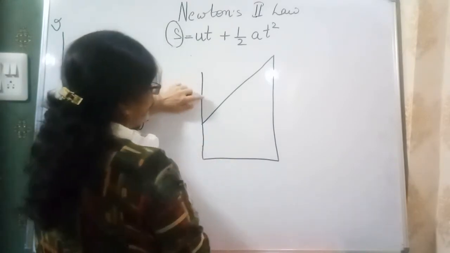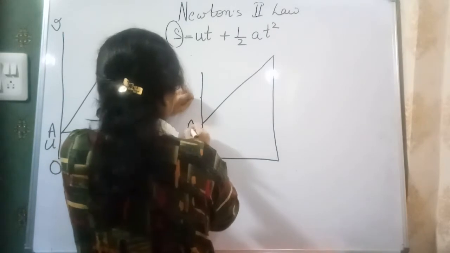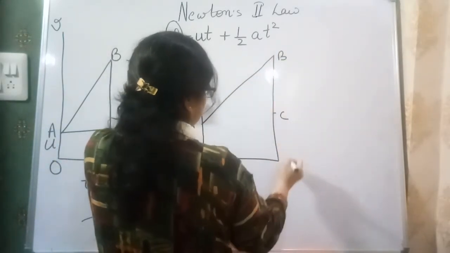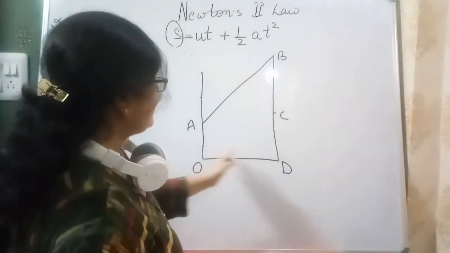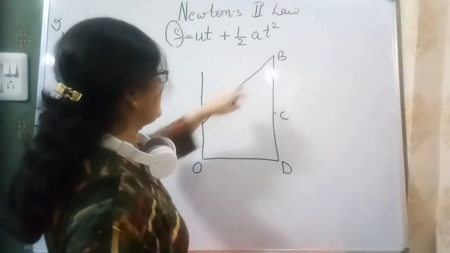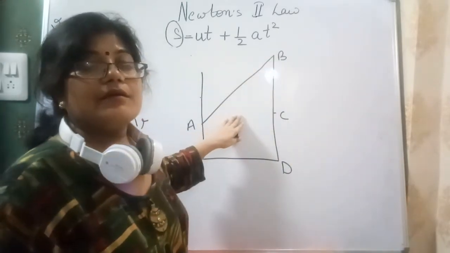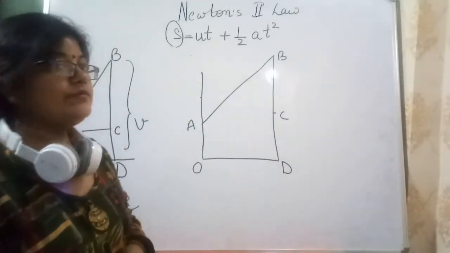We have to find the area, this one. A, B, for example this is C, this is D, this is O. So we have to find the area of this picture A, B, C, D, O. Then it is the distance covered by the body in time t.